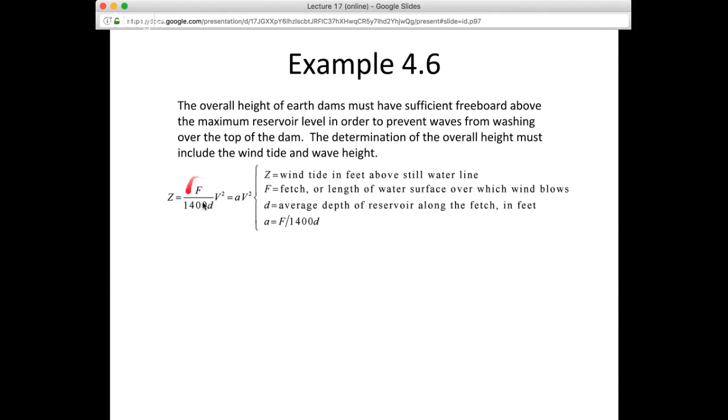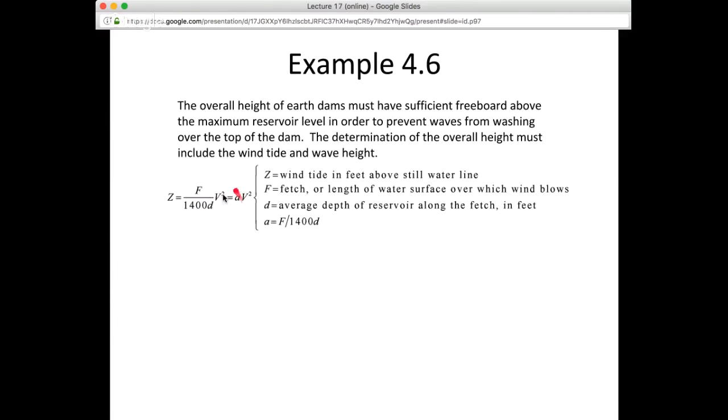is equal to the fetch, which is essentially the length of the reservoir over which the wind can blow and push the water, divided by 1,400 times the depth of the reservoir, that is F over 1,400 d, times v squared, where v is the wind velocity. And so just like that other example, we recognize that the fetch over 1,400 times the depth is essentially a constant, which would be a characteristic of a particular dam design.